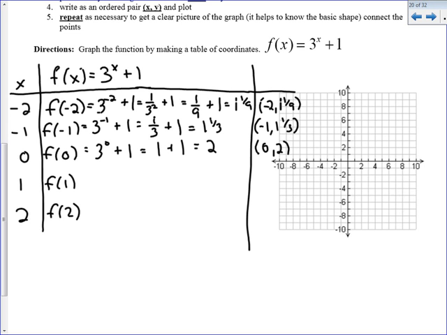This time we're going to use 1. So 3 to the 1st power is 3 plus 1 is 4. And f of 2, 3 squared plus 1, 9 plus 1, 10.